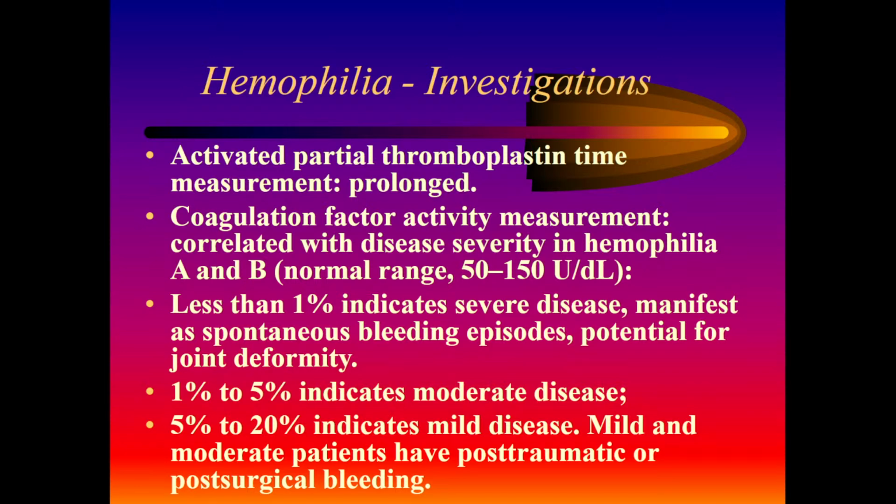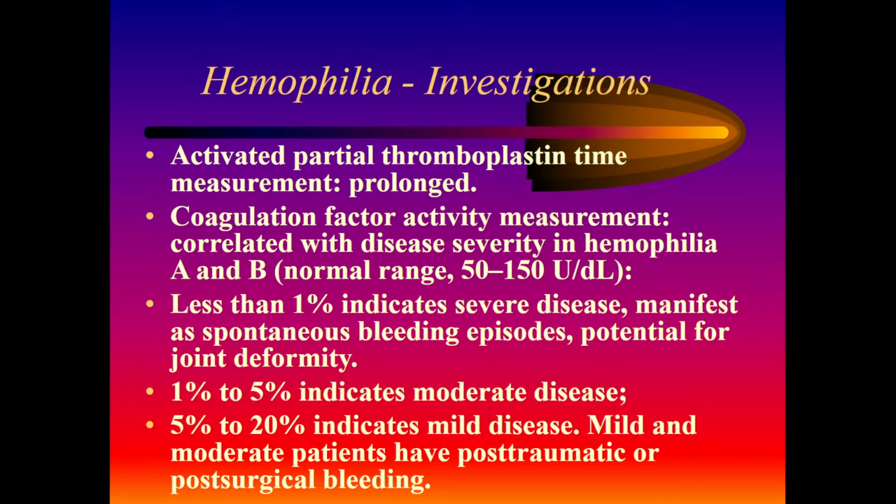Activated partial thromboplastin time is prolonged. Coagulation factor activity measurement correlates with disease severity of hemophilia A and B. Normal ratio is between 50 to 150 units per deciliter.